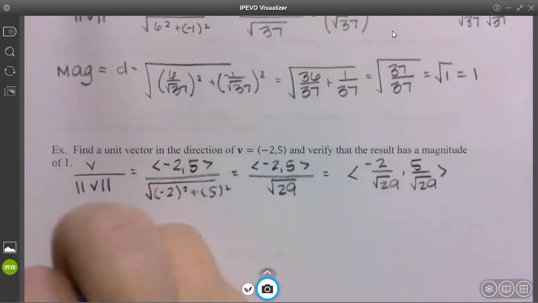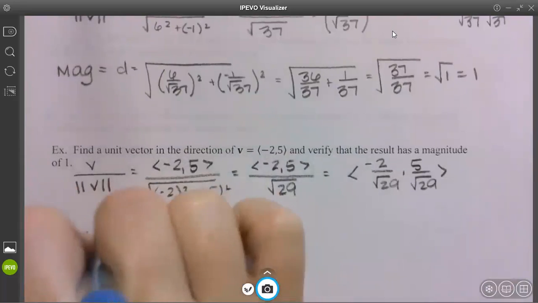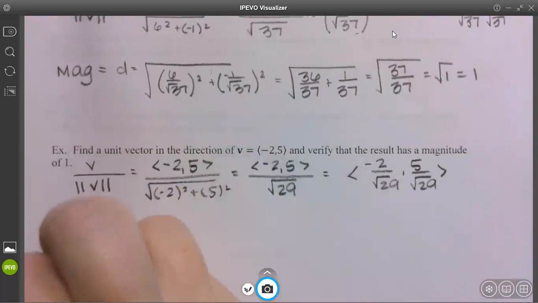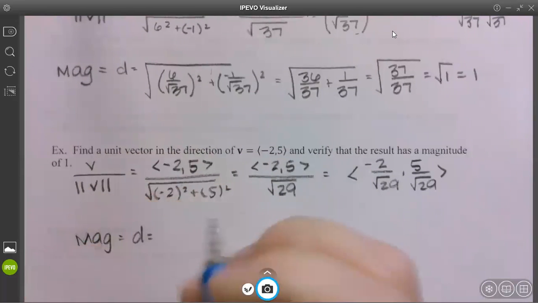And then we were going to test our magnitude, which again is that distance formula.